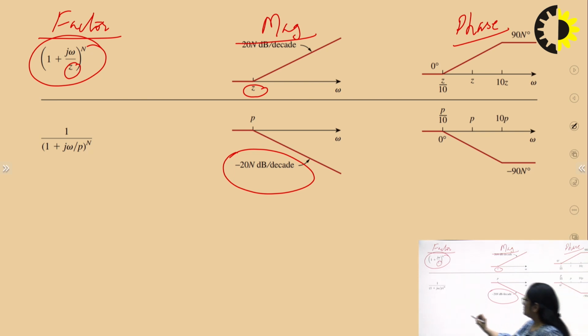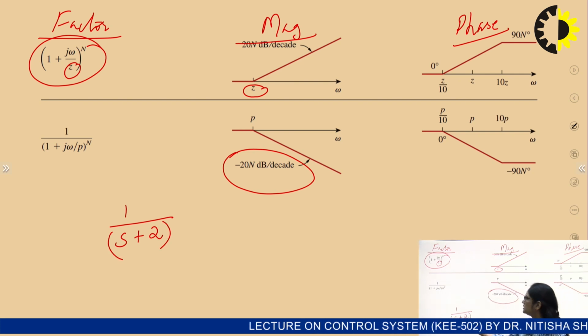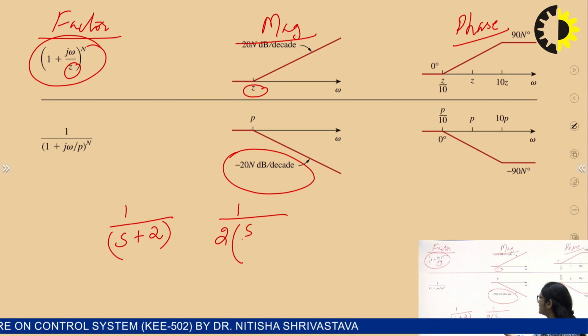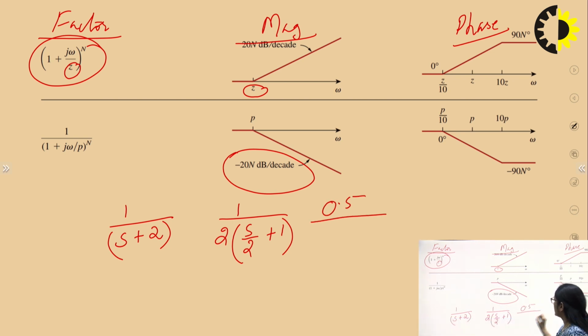So, for example, we have 1 upon s plus 2, right. So when we write it in the st form, we take that 2 outside. So this becomes s by 2 plus 1. Now, this is nothing but 0.5 divided by 1 plus s by 2.